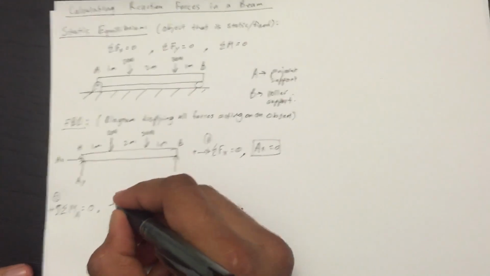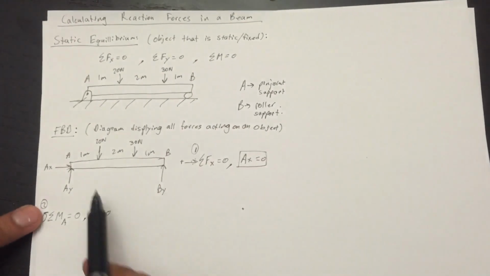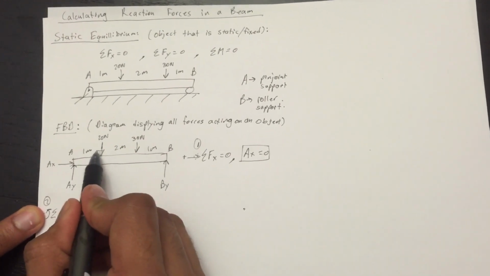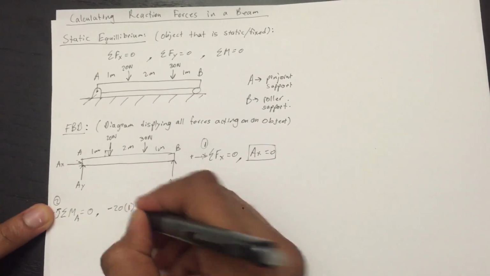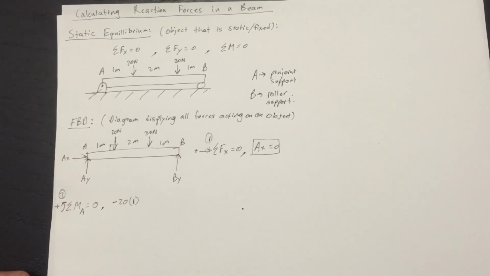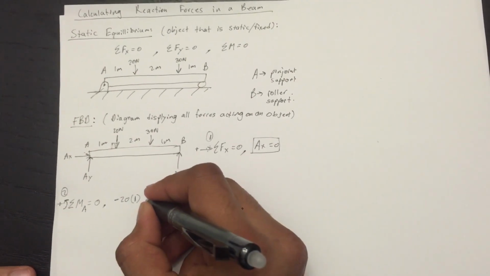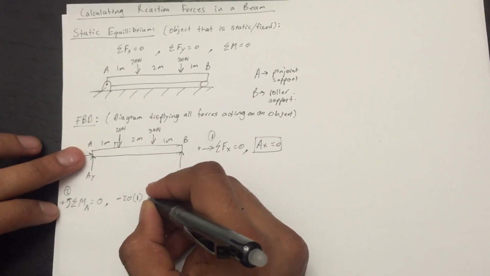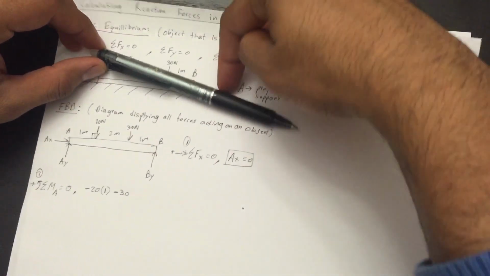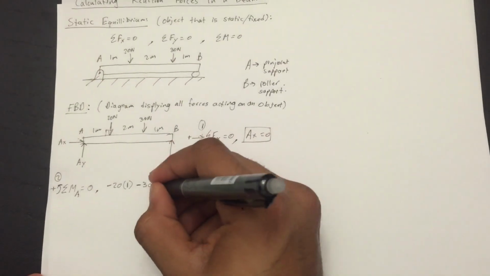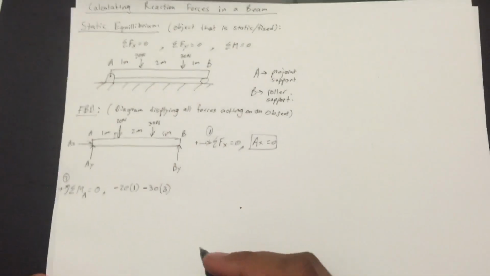So we have negative 20 times the perpendicular distance from point A, which is 1 meter. Then we have negative 30, also going clockwise, multiplied by 3 meters.